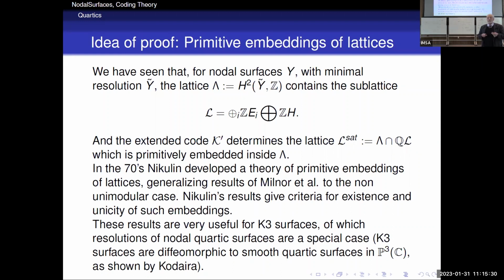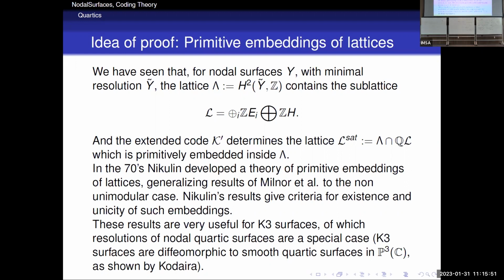I lost a lot of time because the statement says there exists a unique primitive embedding, which in English means there exists an embedding and it is unique. But in Russian, it meant there exists at most one primitive embedding. This is the problem of translations.